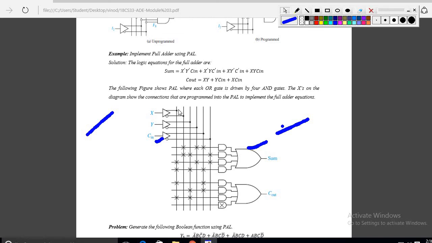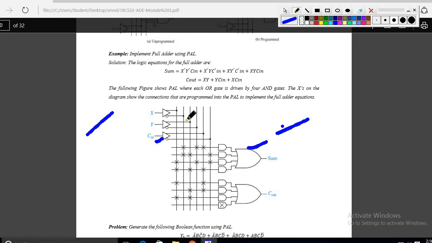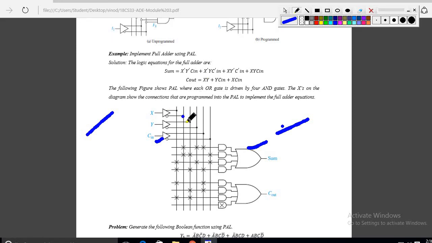Okay, if you are connecting the point here, this is X, this is X bar, this is Y and this one is Y bar, this is Cin and this one is Cin bar, right? Once I want to connect these three, X bar Y bar Cin, I directly connect to this OR gate. So this is the OR gate, so make it an AND, and I connect it to the OR gate.